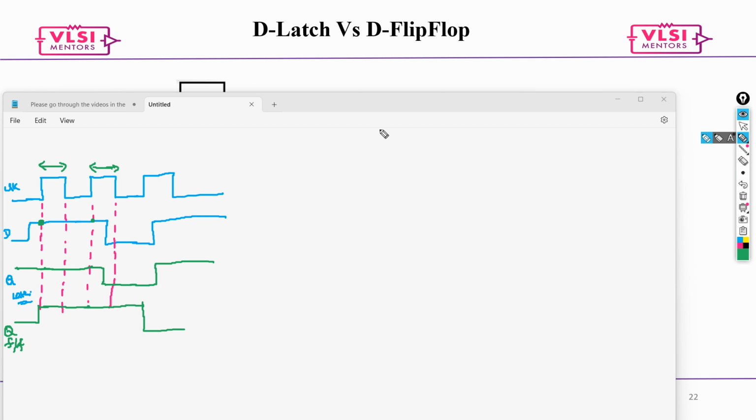Whatever the value is during that level is copied over to the output in case of a latch. For a flip flop, assuming positive edge trigger, whatever the value is at the time of the rising edge is copied over to the Q. So any questions on this?